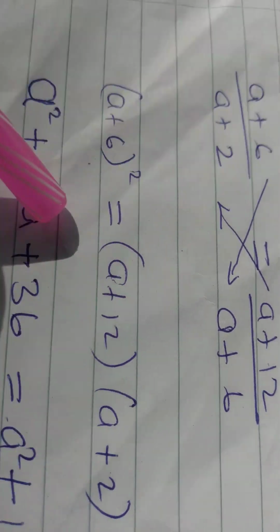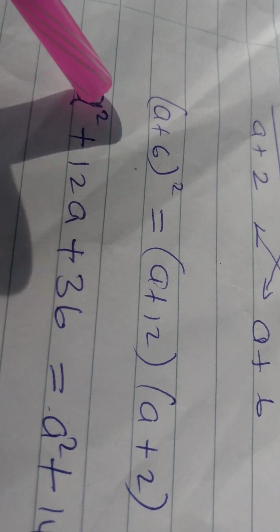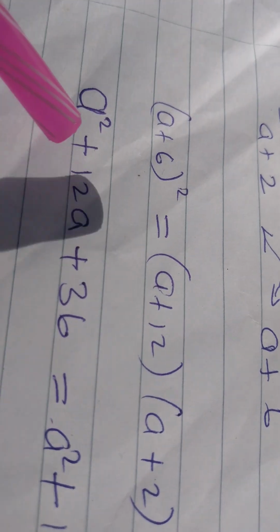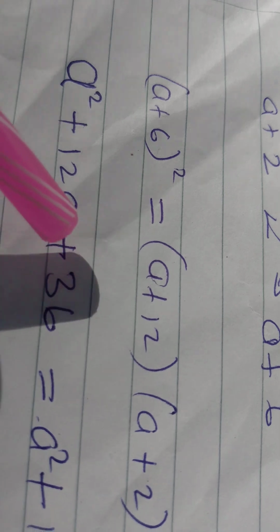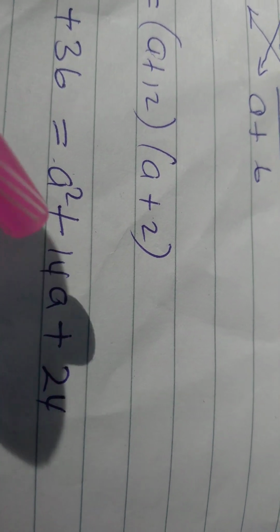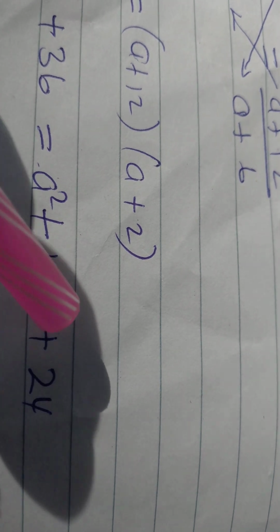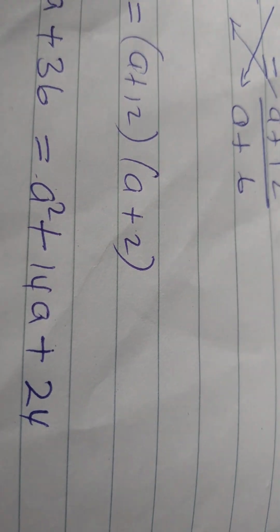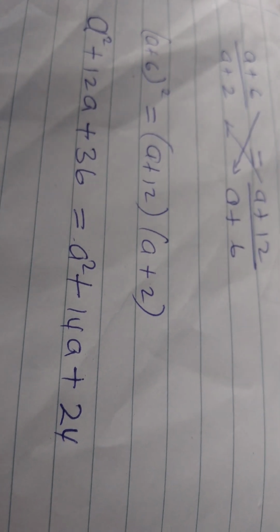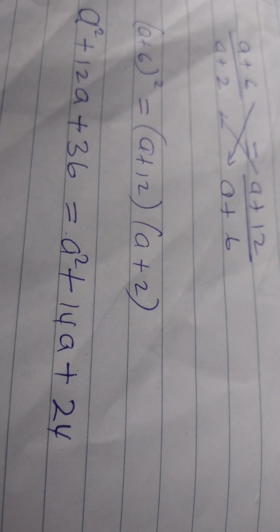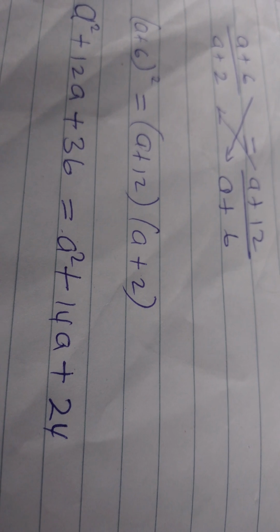If you multiply out the left side, you get A squared plus 12A plus 36, and the right side you will have A squared plus 14A plus 24. I hope we are together. You can try that one in a second or two.